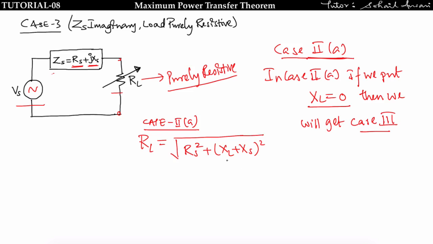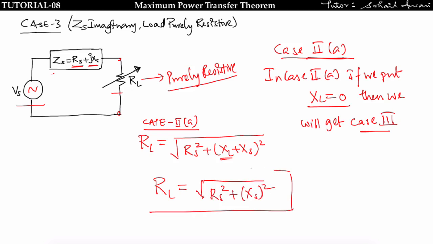So if we put XL is equal to 0, then we will get the condition for transferring maximum power from source to load in case 3, that is equal to under root RS square plus XS square. So this much value of load resistance is required to transfer maximum power to the load.